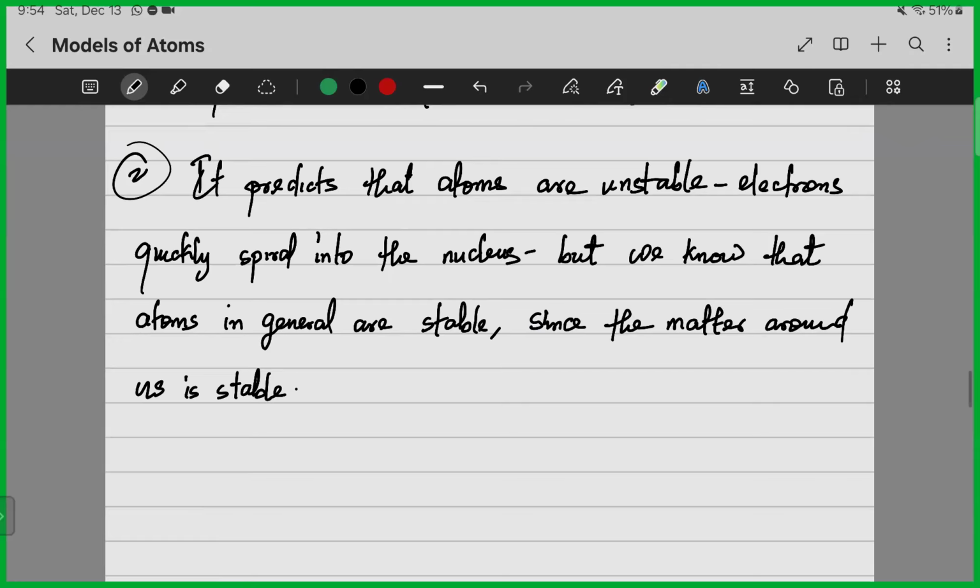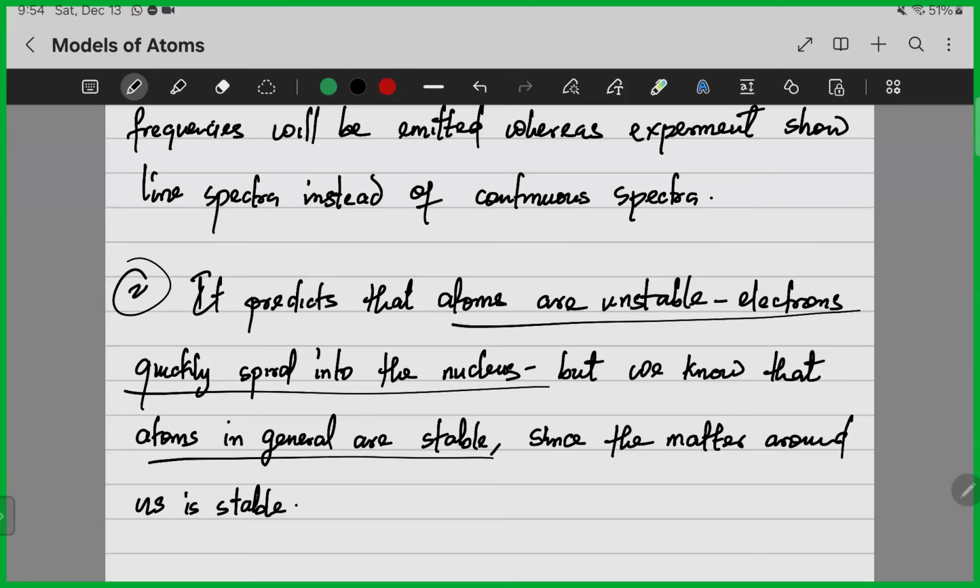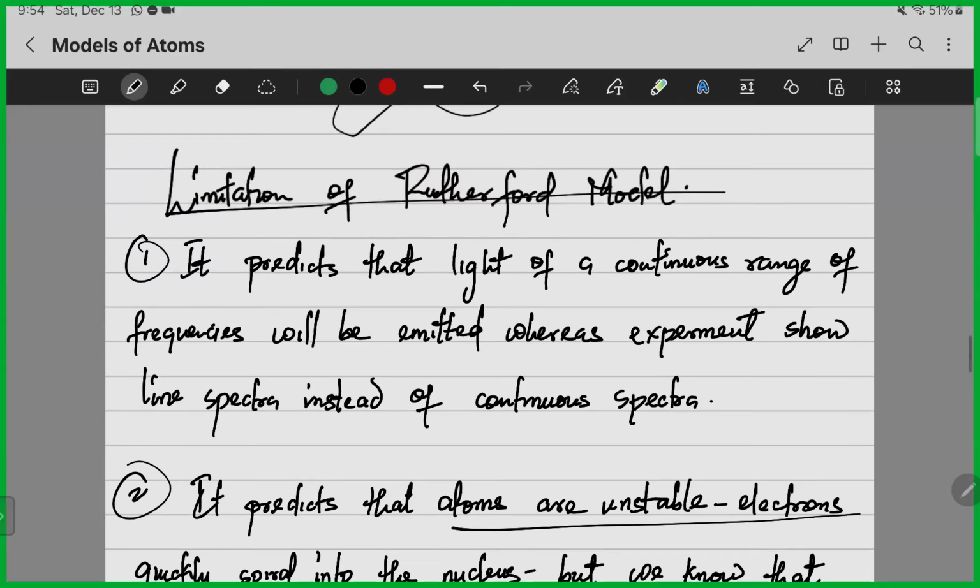So the Rutherford model is trying to say atoms are unstable because electrons quickly spiral, but that contradicts what we know. What do we know? That atoms are stable because matter around us is stable. That's the idea.